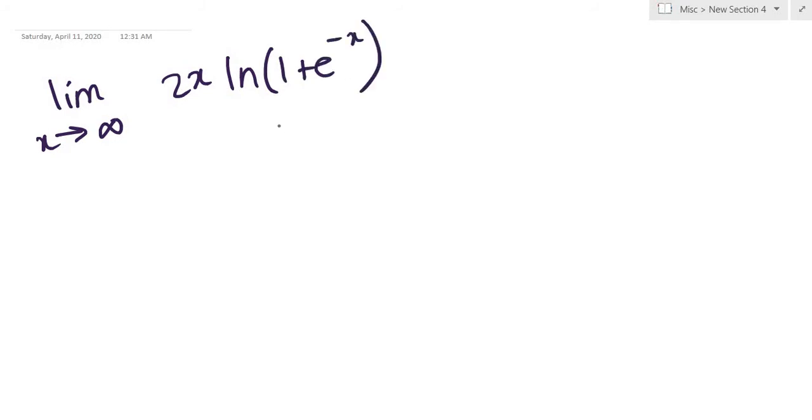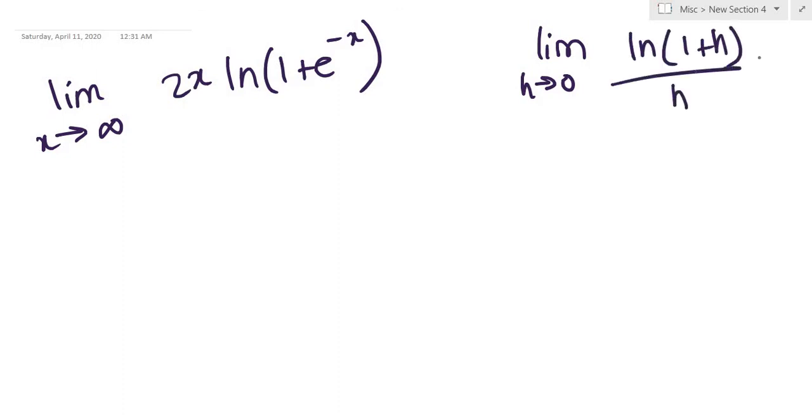Now you might remember some properties of natural logs, because when x approaches infinity, e raised to negative x approaches 0. So that might remind you of this property of logarithms: the limit as h approaches 0 of the natural log of 1 plus h over h is just 1.